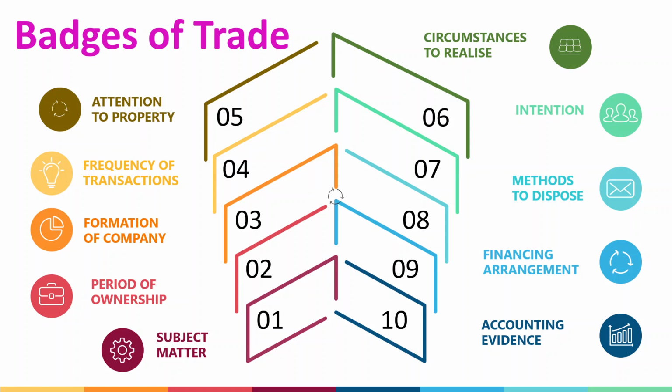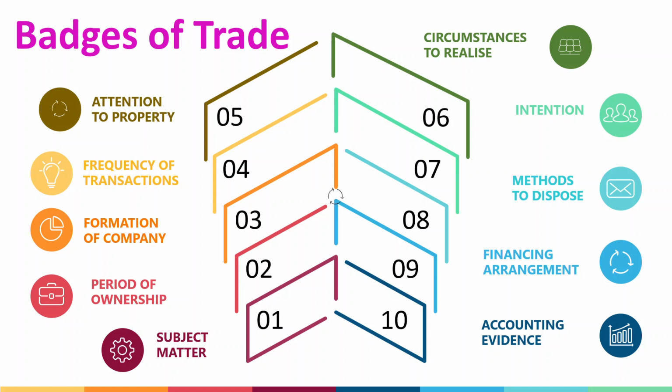However, if you want to keep it for a shorter term and you want to rotate your assets, that one is clear cut. It will be taxable under section 4A.